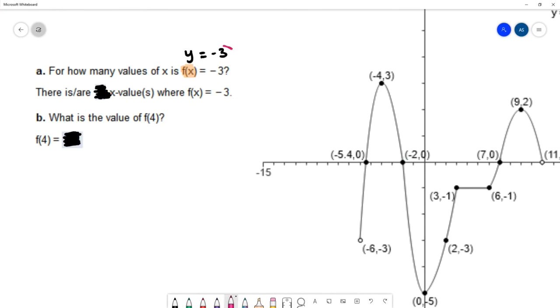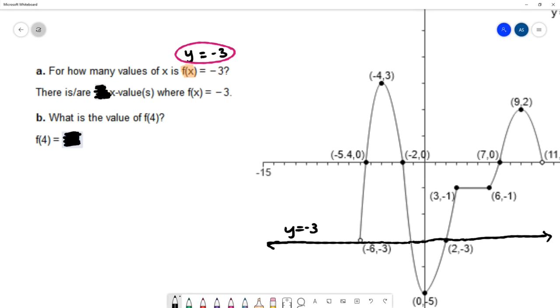You can think of y equals negative 3 as a horizontal line on your graph. Negative 3 is right here, and if I draw a horizontal line at y equals negative 3, that's the equation y equals negative 3. This shows me all of the ordered pairs on this grid that have a y of negative 3. Every single ordered pair on this line has a y coordinate of negative 3.